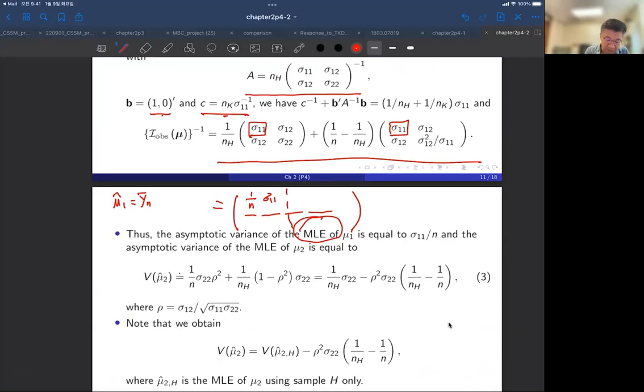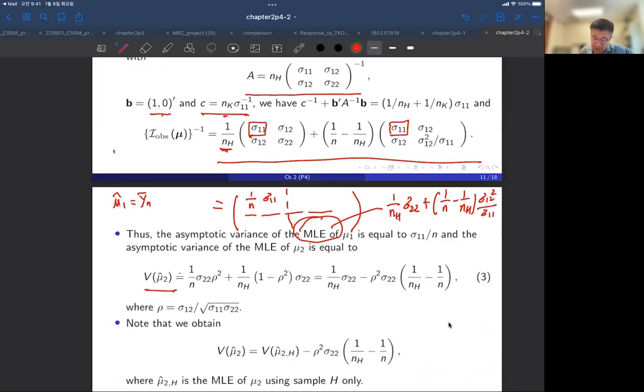But what is interesting is this part. This is the variance covariance of the MLE, and the variance of the MLE for mu2 can be written as this: 1 over nh sigma 22 plus 1 over n minus 1 over nh sigma 12 squared divided by sigma 11.